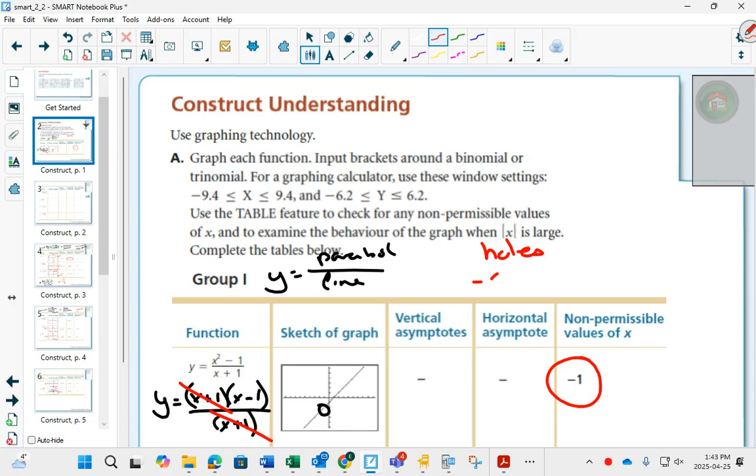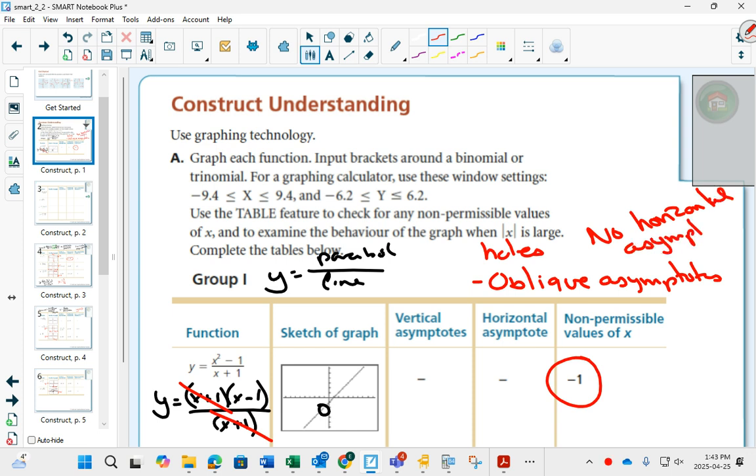But sometimes this one had the oblique or diagonal asymptotes. This one never had horizontal asymptotes. And we found out that graphs have holes when you divide out something and it cancels.